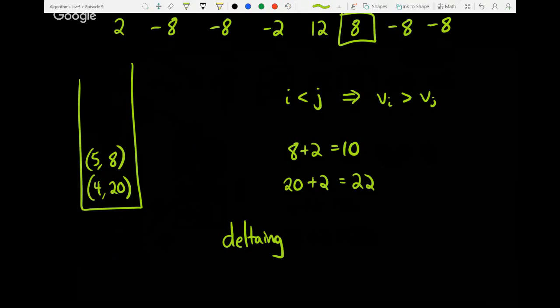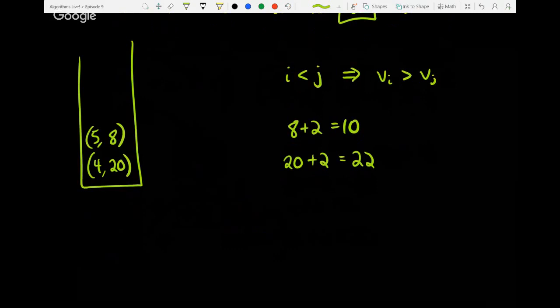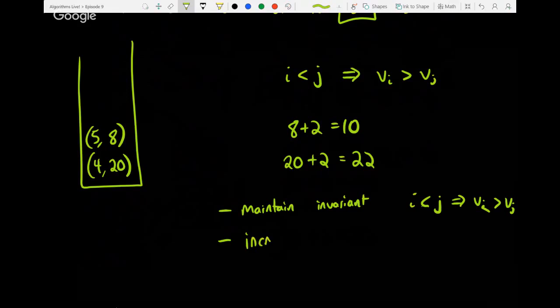So if we write out the properties that we needed to maintain the invariant, the first was i less than j implies vi is greater than vj. And the second property was increment everything, which we can get away with by doing this delta technique.